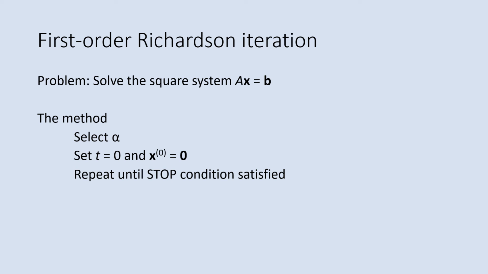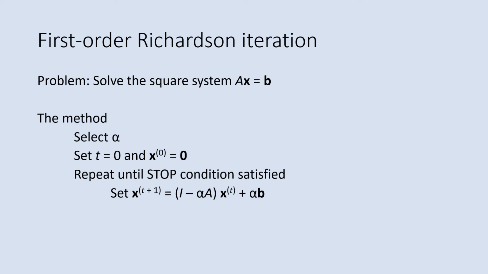And so we will repeat a process until the stop condition is satisfied. The stop condition is whichever one we chose, from amongst the 3 that we mentioned or some variation or combination of those. Whatever stop condition we determine, we're going to repeat our process until that condition has been satisfied.